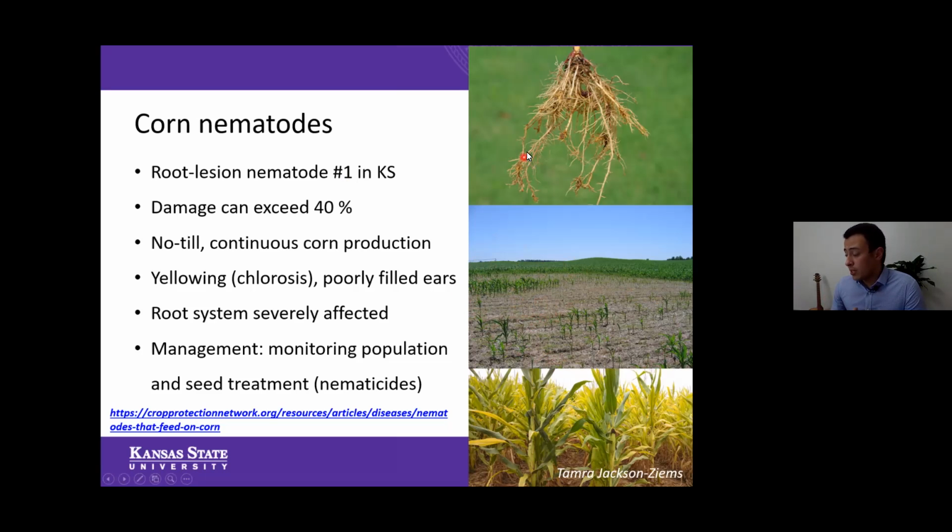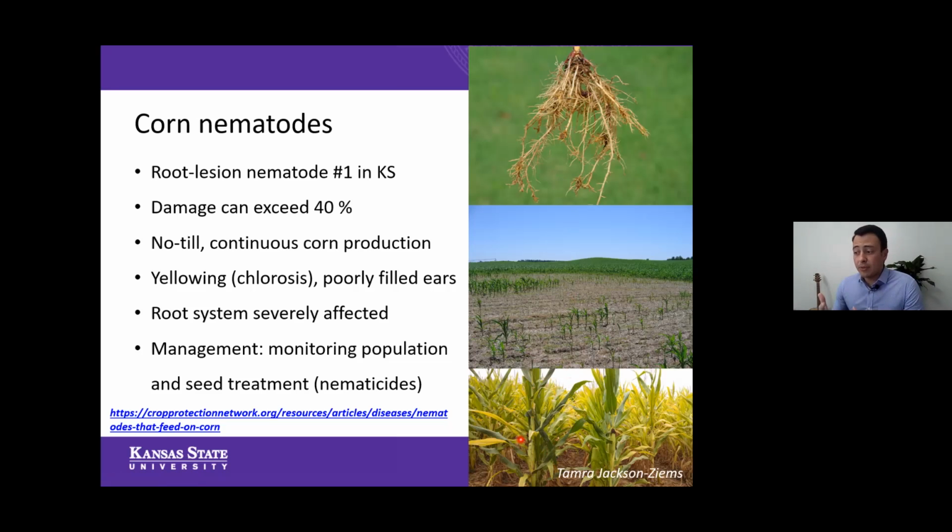The roots are going to look very poor. We'll see some browning of the roots here, which is where the nematodes are feeding. Some plants may also show yellowing, discoloration, or chlorosis, which are all associated with corn nematodes. Again, the root system will be severely affected. The best way to manage corn nematodes is by monitoring the population. Go to the fields and sample your fields.